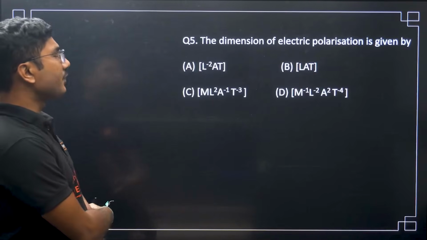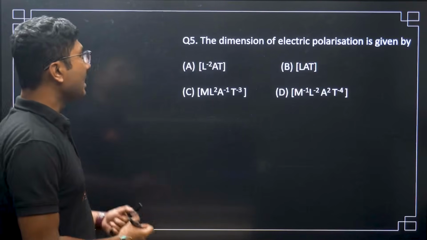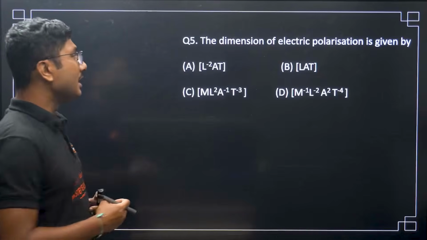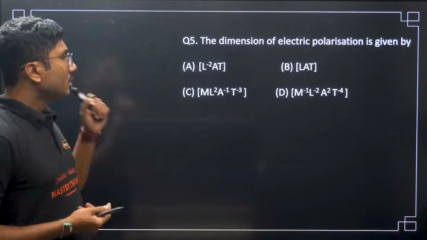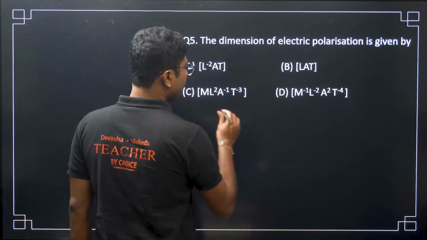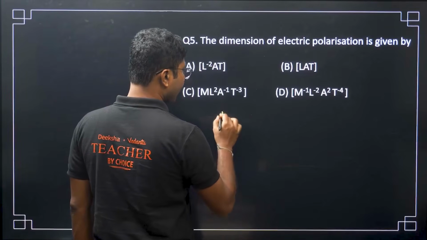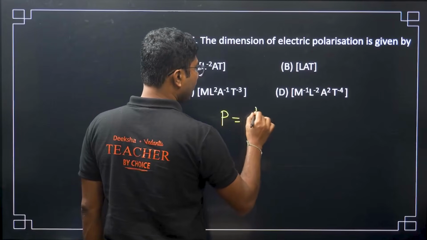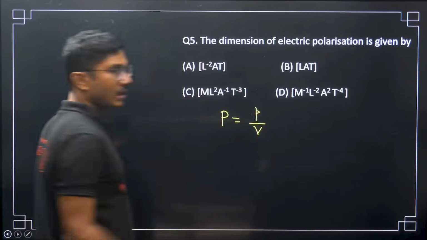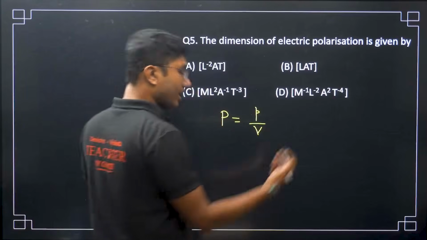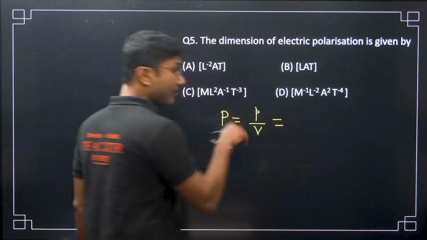The dimension of electric polarization is given by, so what is electric polarization? Electric polarization is normally given by dipole moment divided by the volume of the dielectric.